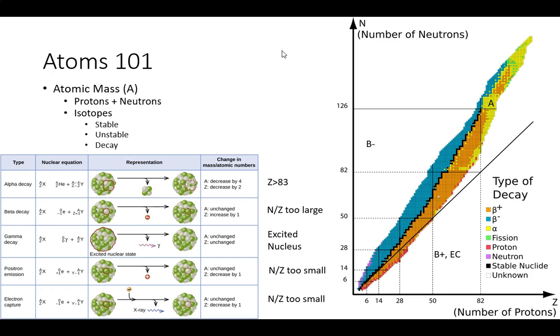This axis is neutron count. Sometimes they put A there. Because you lose a neutron and gain a proton, it's going diagonally down. Anyway, so that's a beta.